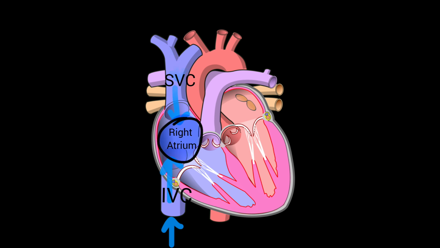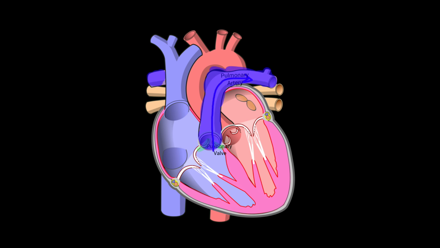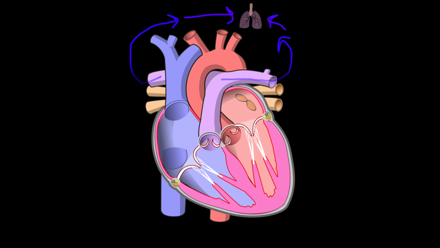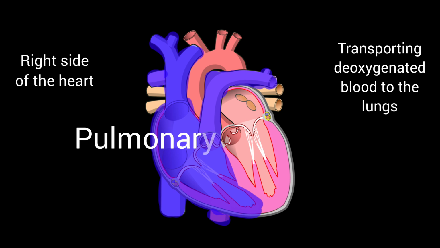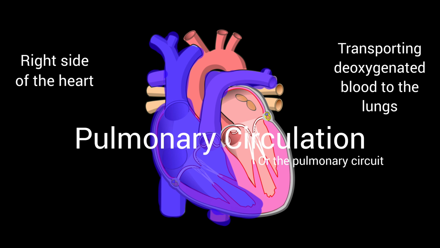The right ventricle then sends this blood through the pulmonary valve into the pulmonary artery, which sends this deoxygenated blood, which the heart has received, to the lungs, so it may become oxygenated. This process of sending the received deoxygenated blood to the lungs, done by the right side of the heart, is called pulmonary circulation, or the pulmonary circuit, since it involves circulating blood between the heart and the lungs.